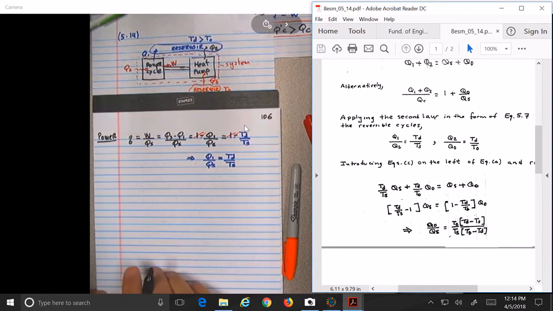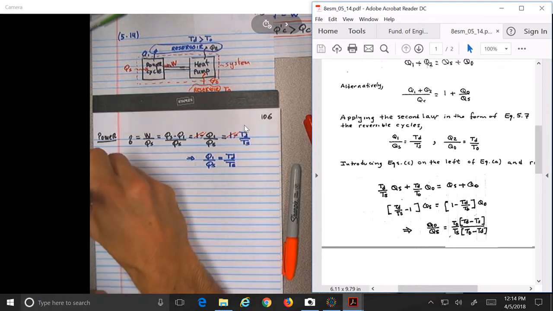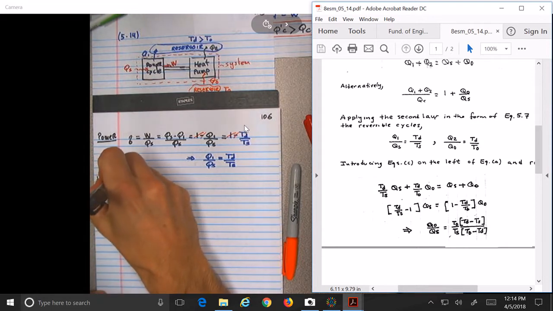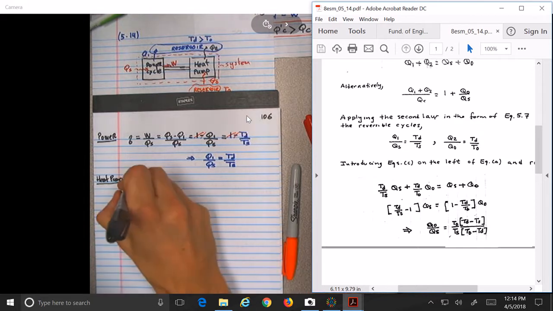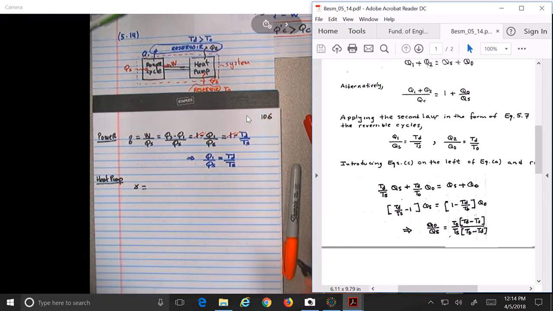this is for the power cycle. What would be for the heat pump? I know we had different letters. Remember the letter for the heat pump? Was it gamma? Okay. So gamma, I mean, we wrote it before, so I know you know it. What do you get out of the heat pump?